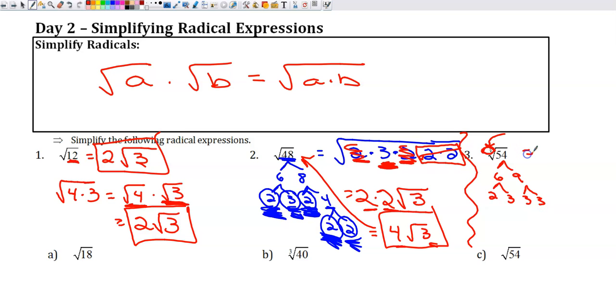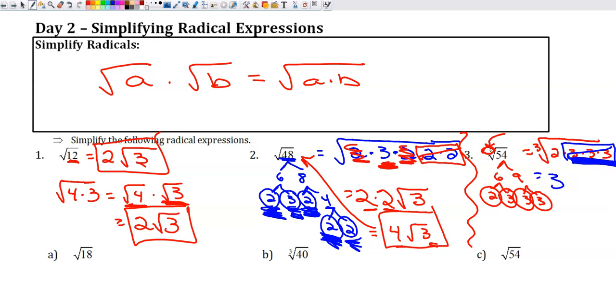So when I rewrite this, the cube root, don't forget that little 3 up there, you'll get marked wrong, is really 2 times 3 times 3 times 3. And be careful, because we're doing cube roots, I need all 3 of these to get 1 outside. So of these 3s, one of them won.